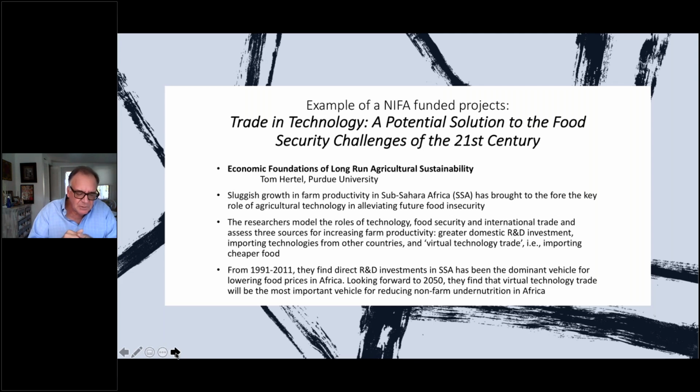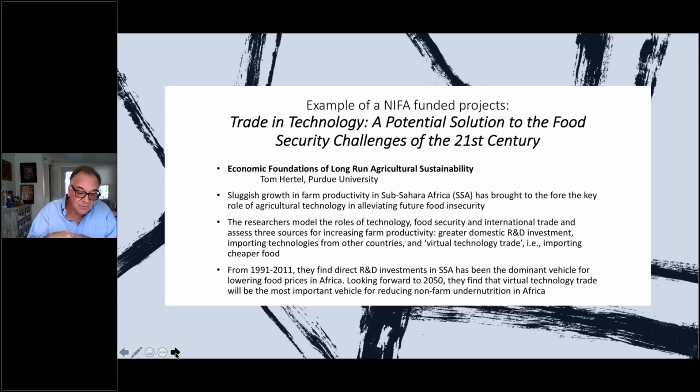project or paper, he's considering the slowdown in productivity in sub-Saharan Africa. What role does technology play in mitigating some of those losses? He considered three sources of technological change: direct R&D investment, importing technologies, and then virtual technologies, and that is sort of the technologies embodied in food or various products that would be imported.